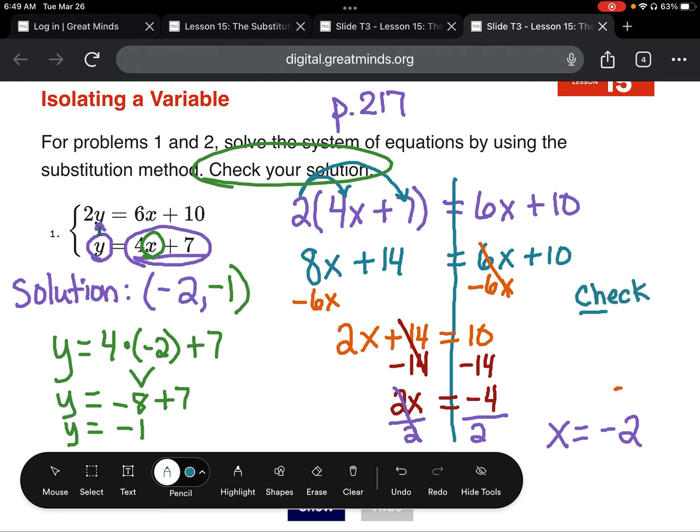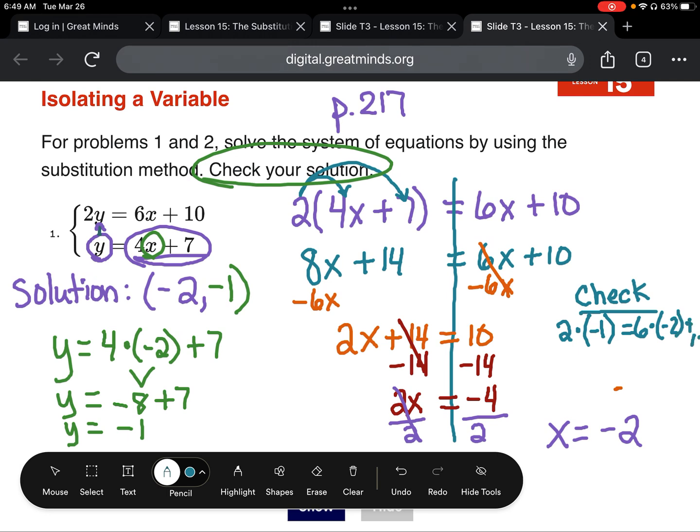And into the top equation, I have 2 times, instead of y, I have -1, equals 6 times, instead of x, -2, plus 10. I'm running out of room.